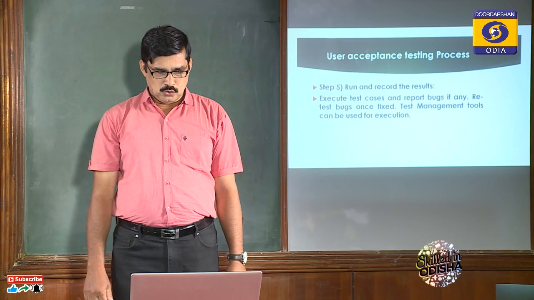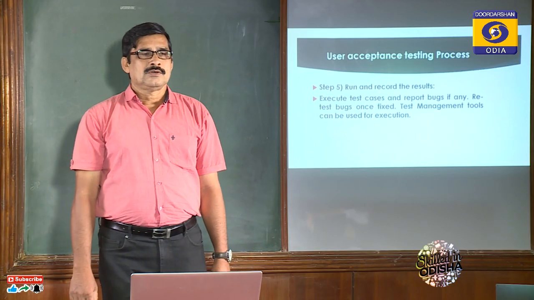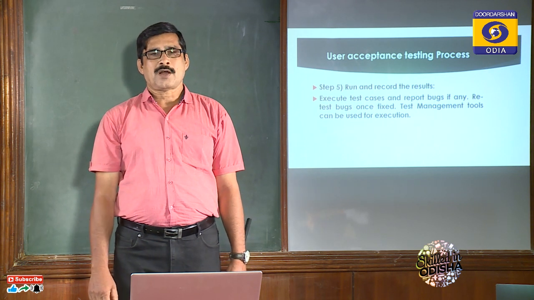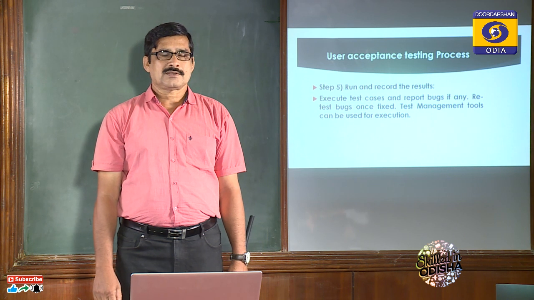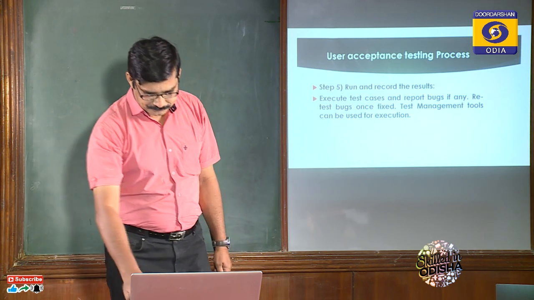Test management tools can be used for execution. It means that we have to prepare our test case, put it into the software system, then we will find some bugs if any, then we will report those bugs.